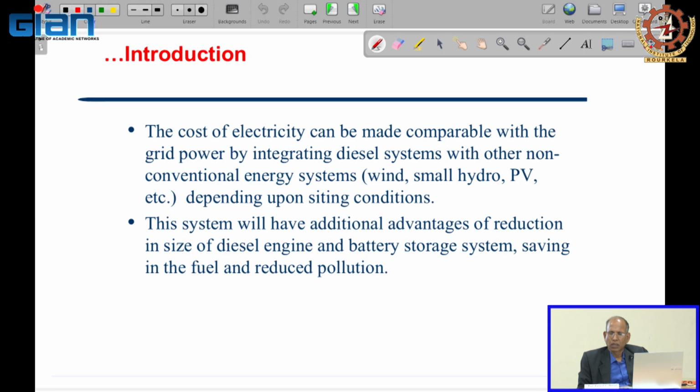And the other issue, noise pollution. So these are of course concerns.